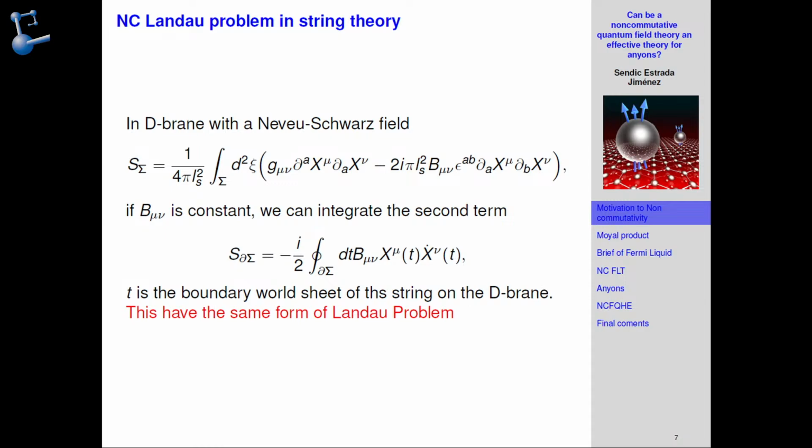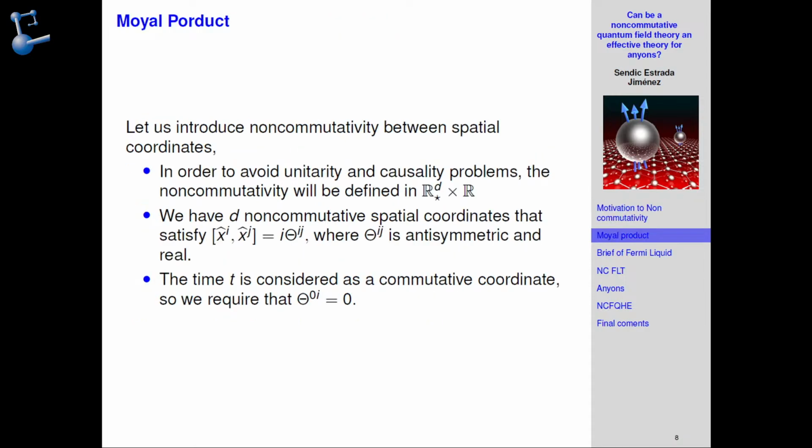Also, these kinds of theories arise in string theory from open strings with a B field in the perpendicular direction. This theory has the same form as the Landau problem. Then we can think that non-commutativity has a natural origin in condensed matter systems.